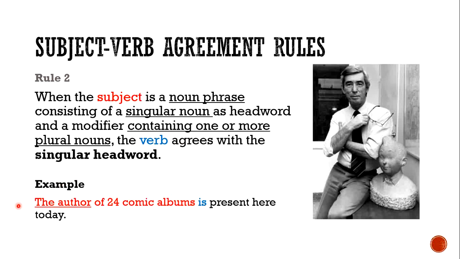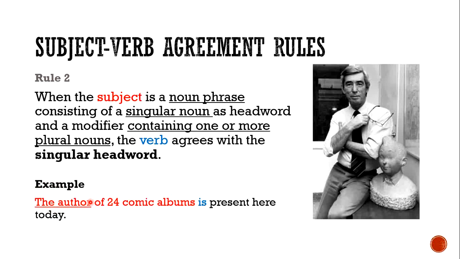Well, let us look at the example, it will be clear. The author of 24 comic albums is present here today. Now this part, the author of 24 comic albums, is the subject of the sentence. This is a noun phrase which consists of the head word, the author.